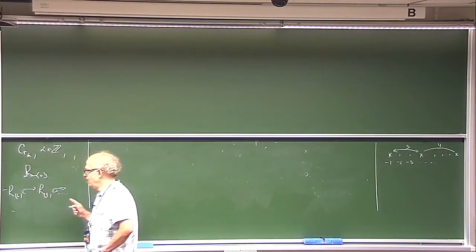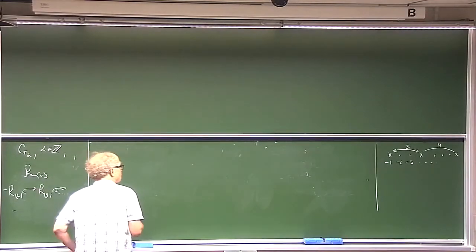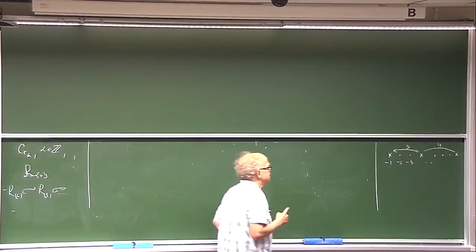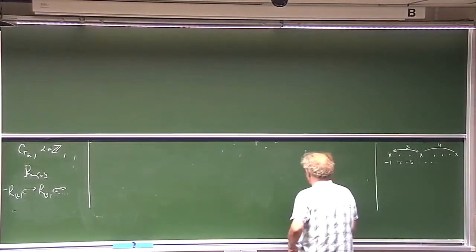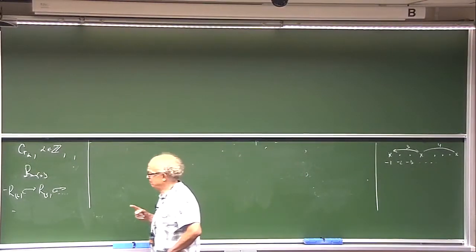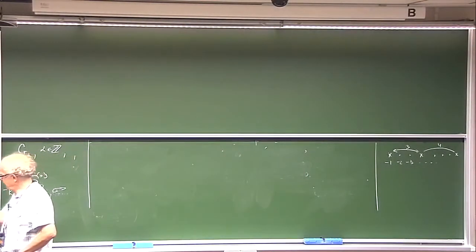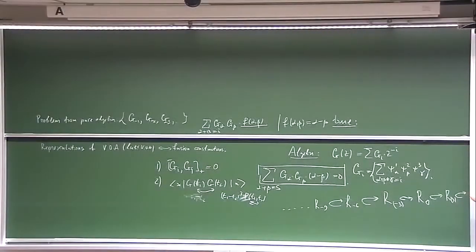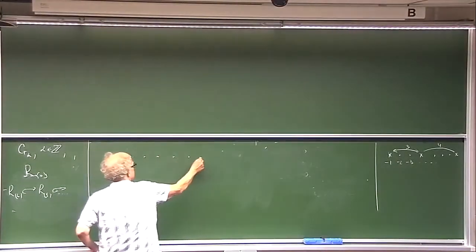And this answer is the following. First of all, as I said, in this space the basis is labeled by configurations of points on a line.